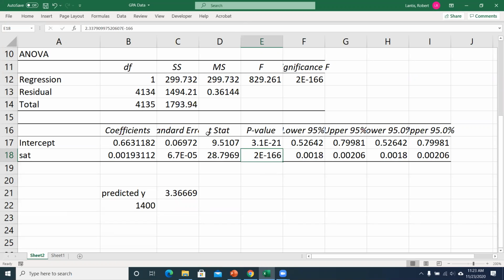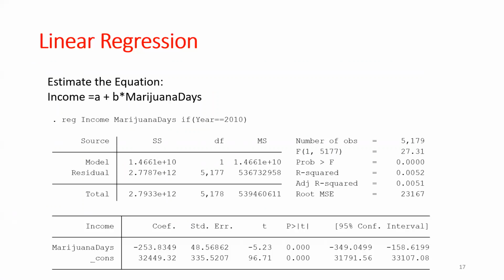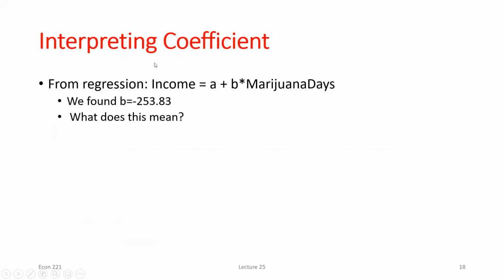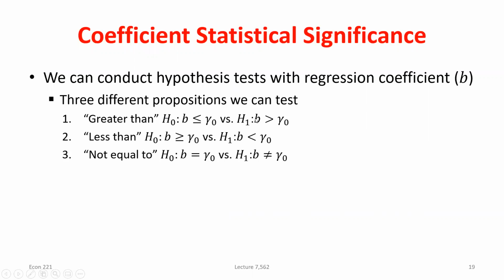So what's the null hypothesis in these examples, right? Well, it's a little bit different than what we were doing before, but it's actually pretty easy because it's always the same, okay? So we could test for, is that slope coefficient greater than some assumed true value? Is it less than some assumed true value? Is it not equal to some assumed true value?